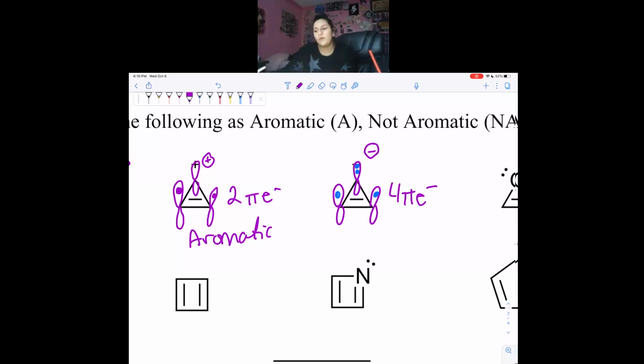So if it's 4, does that follow aromatic or anti-aromatic?